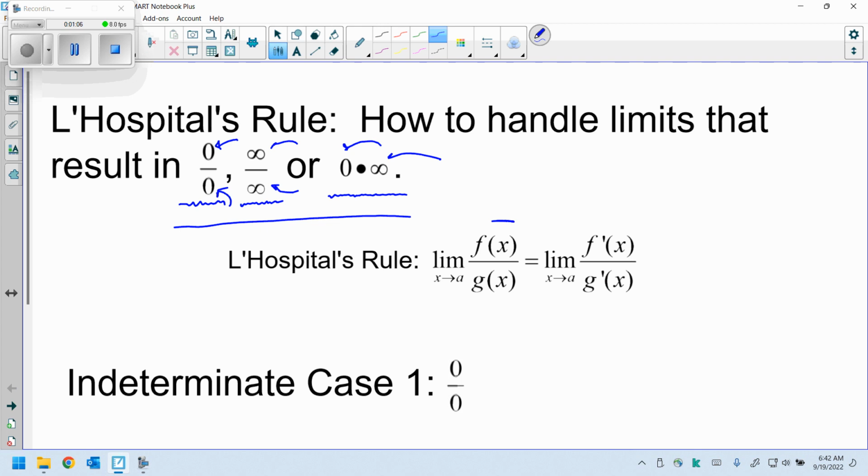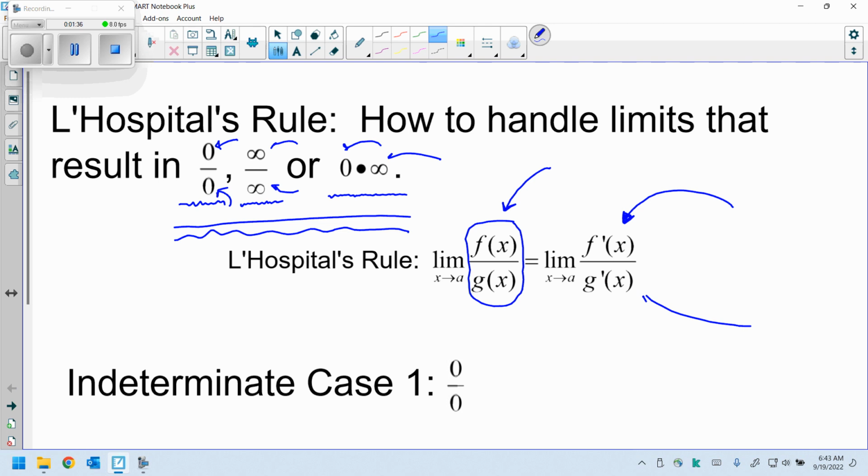First of all, let's call the function a rational function. Let's make it a fraction. And this limit, which is really difficult to determine because it results in one of these three scenarios up here, can actually be found if you just take the same limit, but take the derivative of the numerator and the derivative of the denominator.